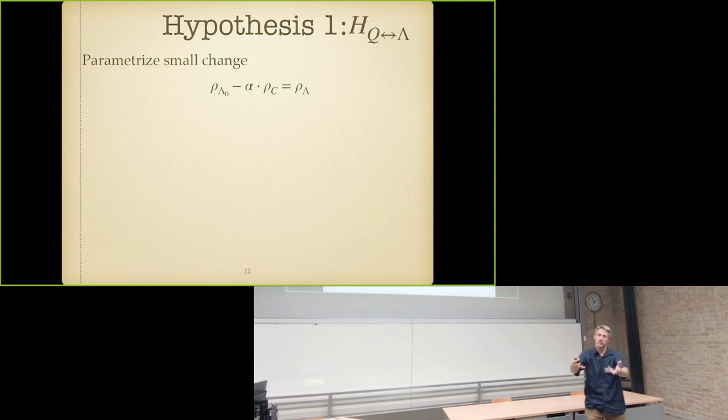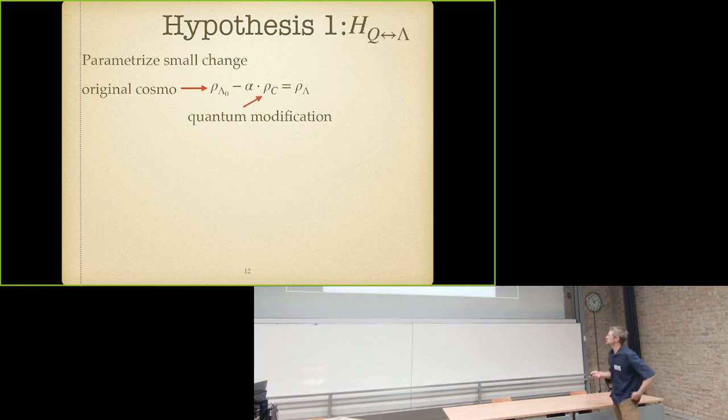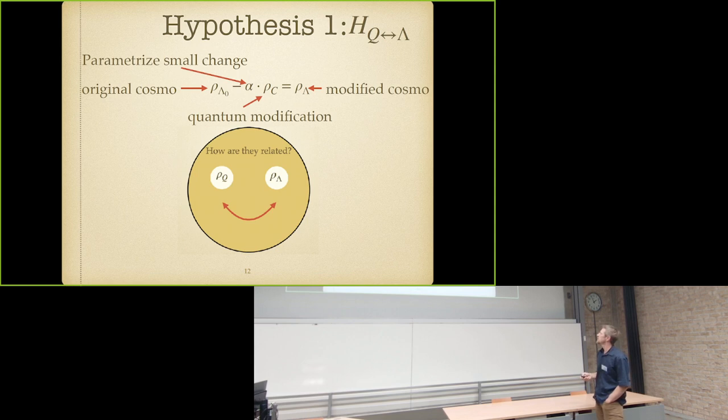Does it subtract or add? We don't know, but the parameter for this change we could call alpha. This would be of cosmological origin. That's a quantum modification if it exists. If not, alpha is 0, I'm also happy. And then we would have a modified cosmological energy density. Now we try to measure this thing, and we can learn something about the problem.